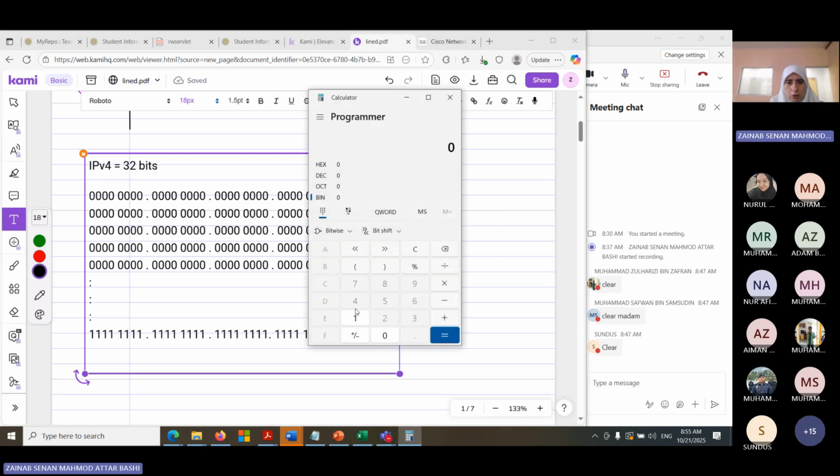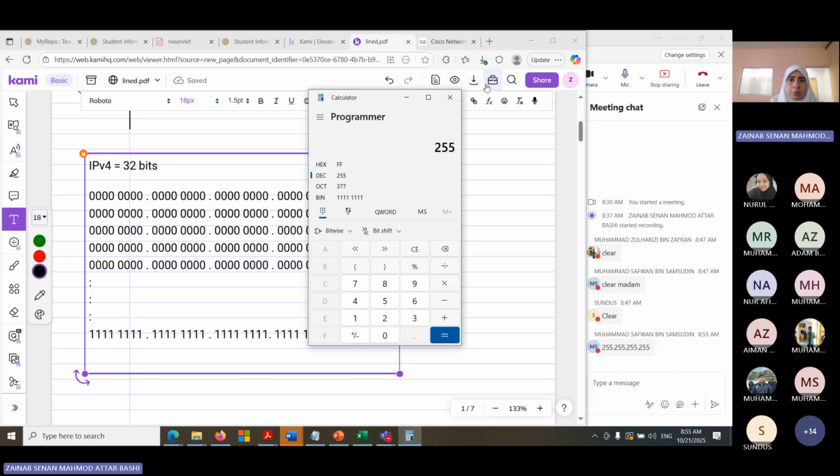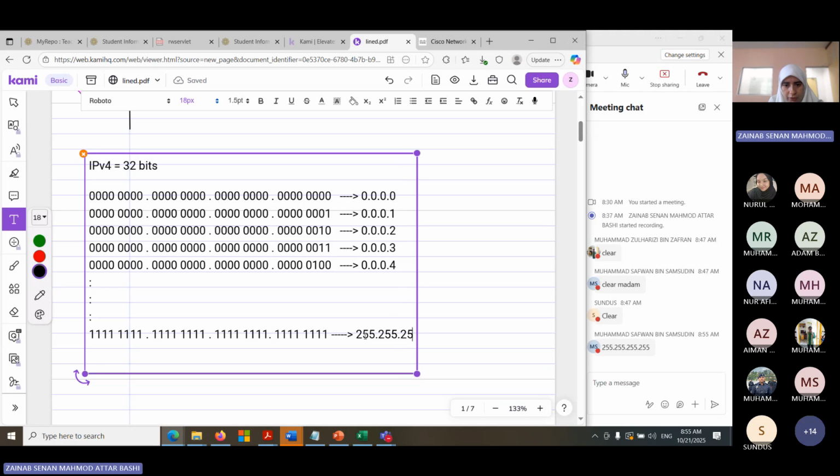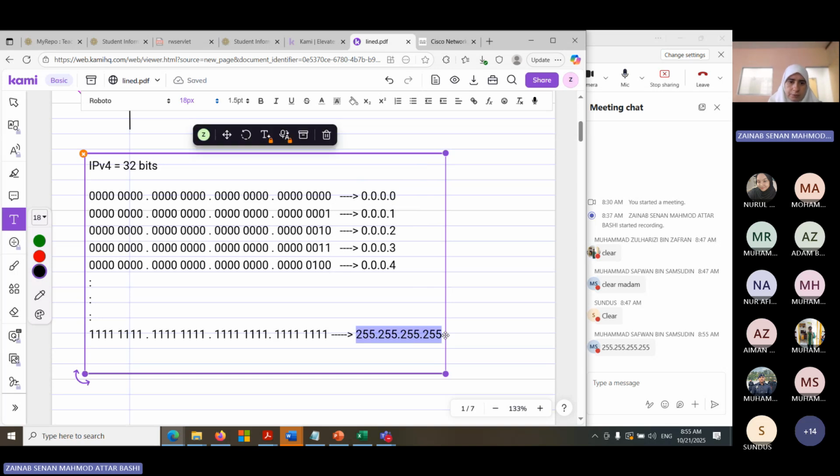When you have binary all ones, 8 ones, it will be 255. That's the maximum you can get in every octet. An octet is a group of 8 bits inside the IPv4 address. So that will be 255.255.255.255. The first IP address is 0.0.0.0 and the last IP address is 255.255.255.255.